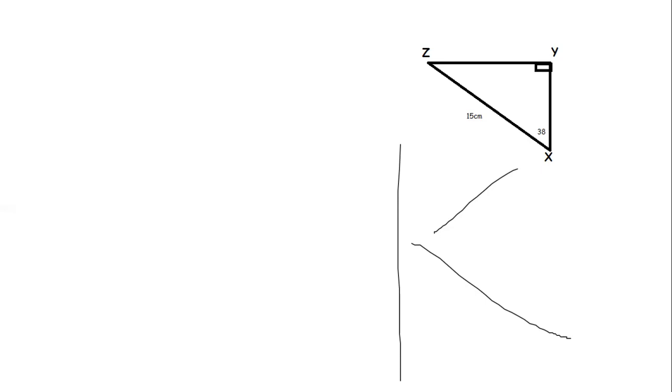So the next thing is, if we move ahead, I will list out the information we're given. Angle XYZ, that is the right angle, which is 90 degrees. Then we're told that XZ is 15 centimeter.